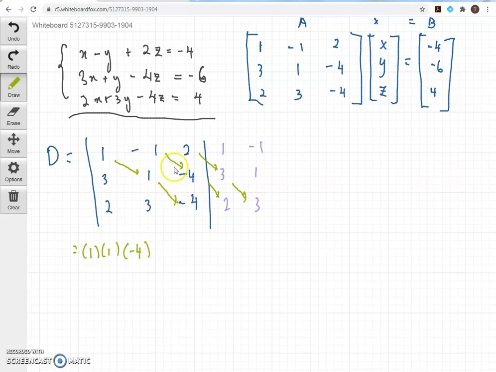The second one is plus -1 multiplied by -4 multiplied by +2. Then it will be plus 2, 3, and 3. So put a big bracket for it.